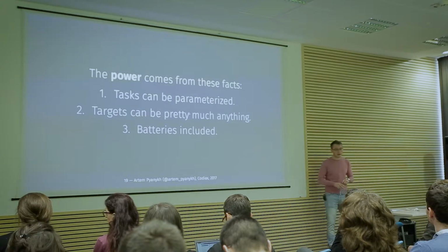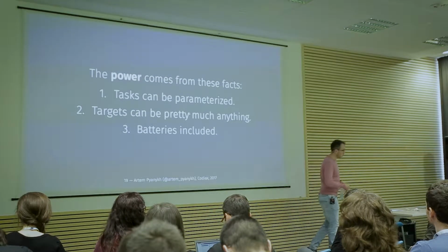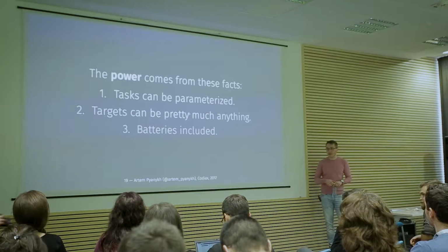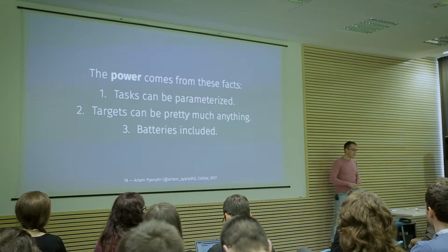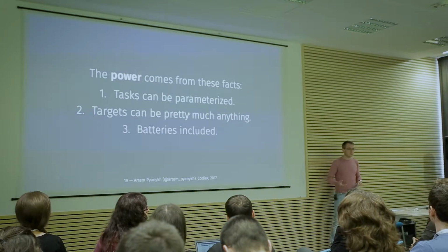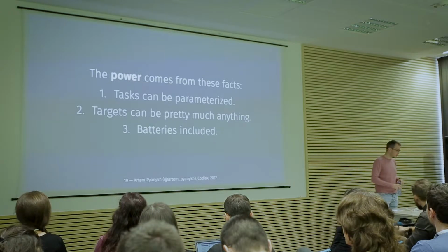Targets can be pretty much anything. It can be local files. It can be tables in PostgreSQL or other relational database. It can be tables in BigQuery. So it's basically any artifact that you can check for existence. And again, lots of stuff already included with Luigi.